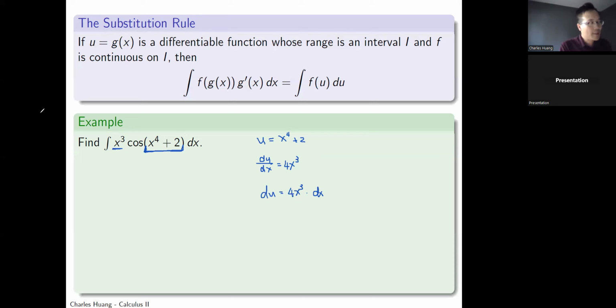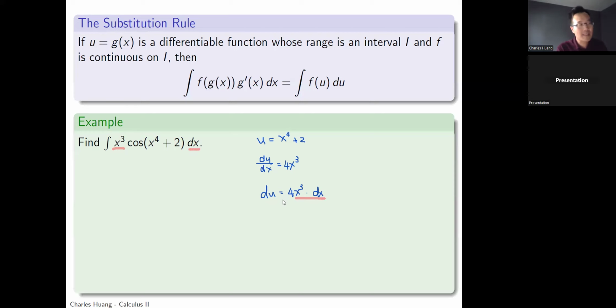And what you'll notice in this example is that I have 4x cubed dx already, well, sort of. I kind of have this part already. So what you can do is say x cubed dx, I have it in there already, so I can write x cubed dx to become du over 4.